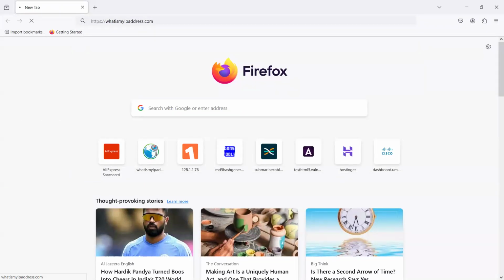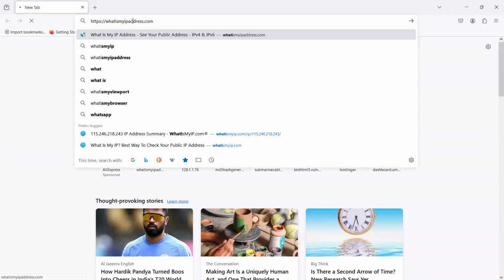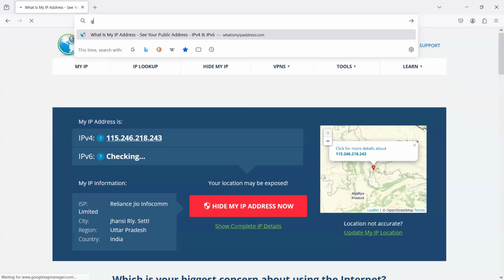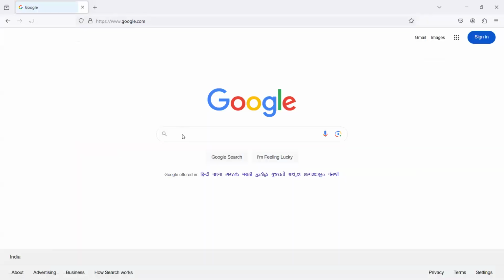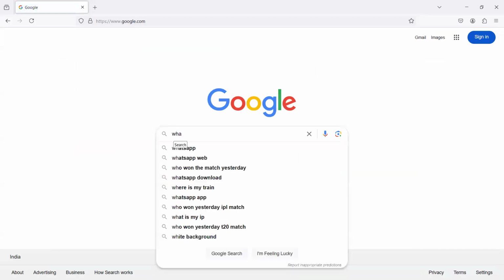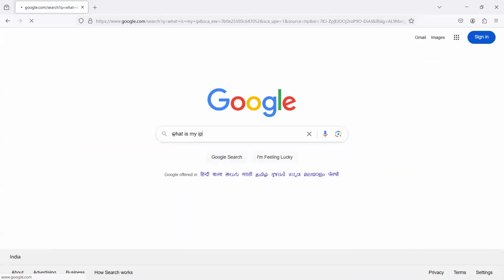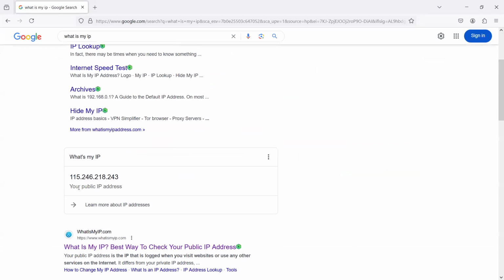Based on that, it is first of all going to show me my public IP address. Let me scroll down, see what it says. This is my public IP address. So when I'm going to the internet, I'm using this IP address. This is not 0.36.